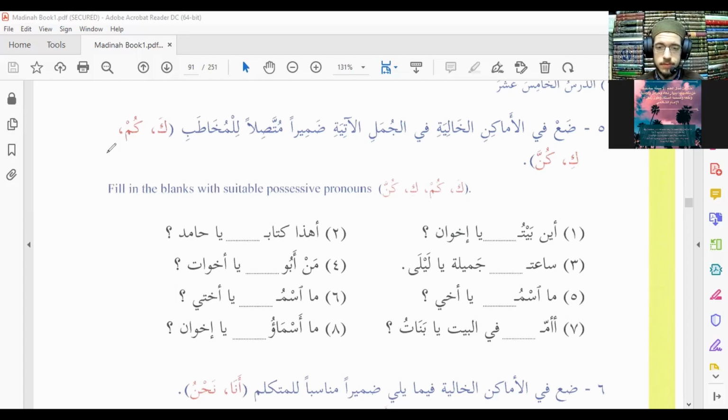Aina baytu. Okay. So it's Ikhwan. So Ikhwan, Aina baytukum ya Ikhwan. هذا حامد. هذا كتابك يا حامد. Yep. جميلة يا ليلى.